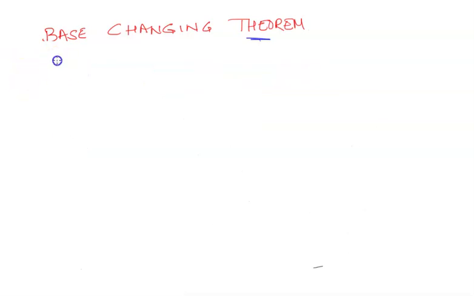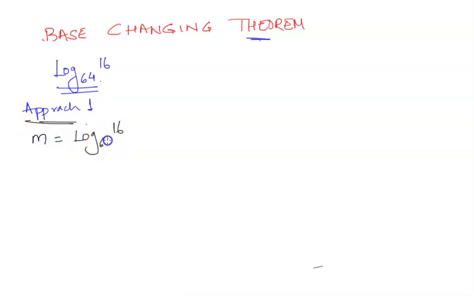So let's find the value of log 16 to the base 64. Right? So approach 1 is the traditional approach, without using the base changing theorem. Let's do a simple approach. So we say m is equal to log 16 to the base 64. What does this imply?